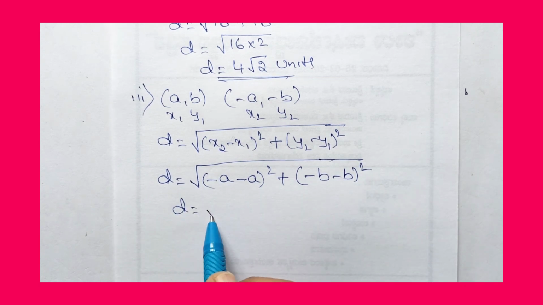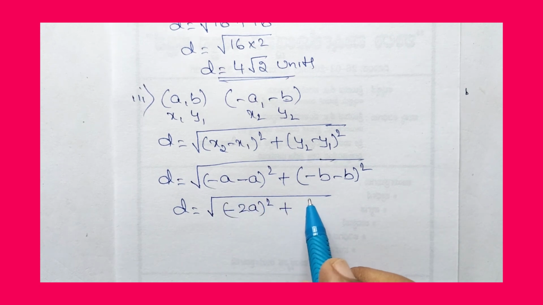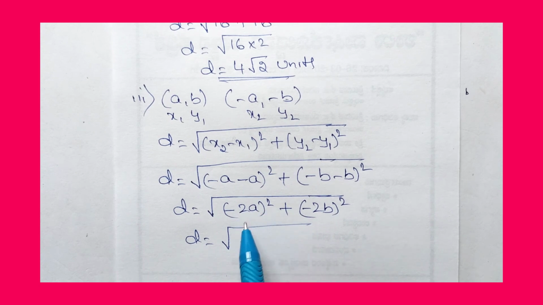So d is equal to square root of minus a minus a is minus 2a whole square plus minus b minus b is minus 2b whole square. So d is equal to square root of minus 2a 2 times, minus into minus plus, 2 2s are 4a square, plus minus 2b into minus 2b, minus into minus plus, 2 2s are 4b square.